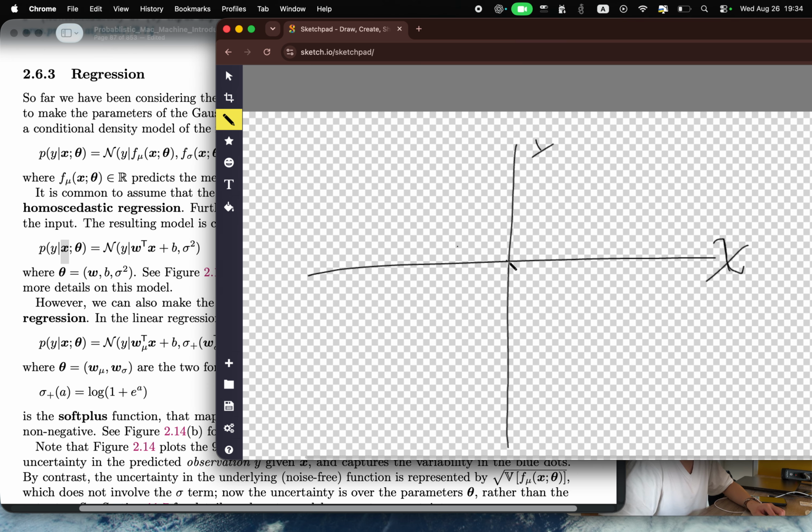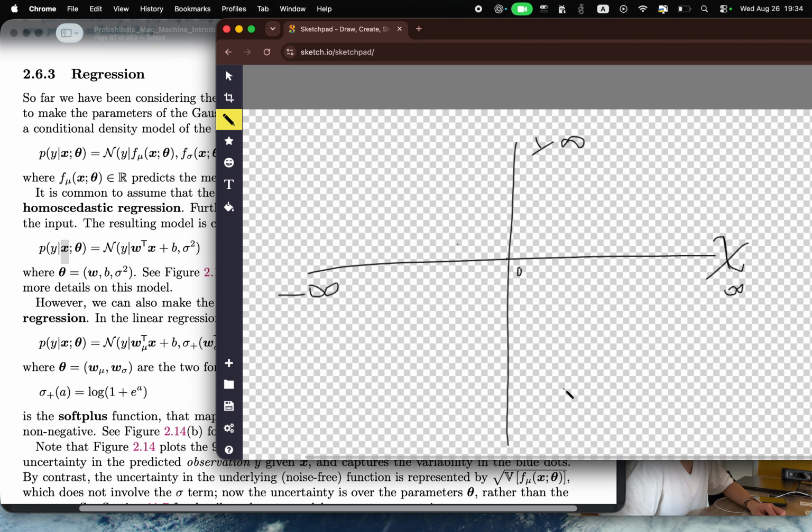And this is 0, this is minus infinity, this is plus infinity, and this is minus infinity. In this case, let's say y equals 2x.